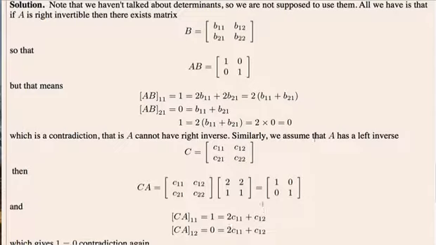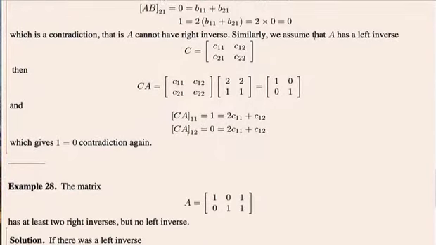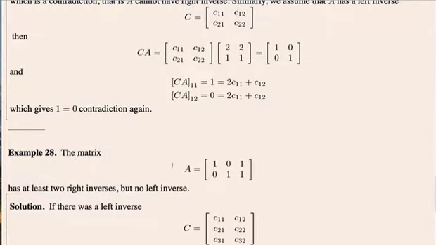And then the 1,2 entry, first row times second column, is supposed to be 0, but it's the same 2 C11 plus C12, which again gives the contradiction that 1 equals 0. So that means that A cannot have a left inverse either. Then we can see that the matrix A, which is [1, 0, 1; 0, 1, 1], a 2 by 3 matrix, has at least 2 right inverses but has no left inverse.